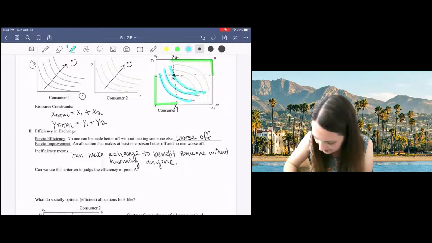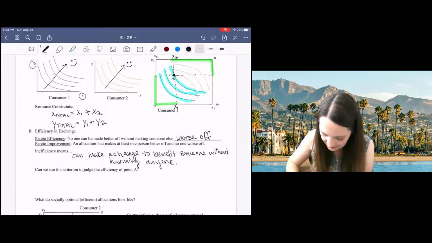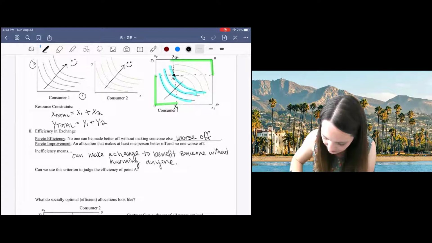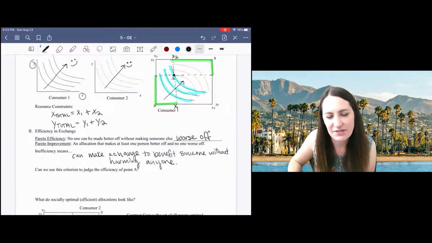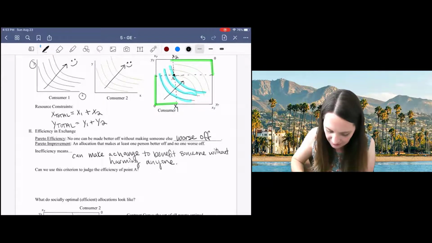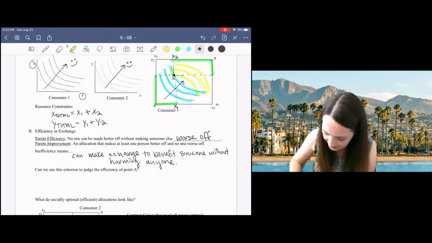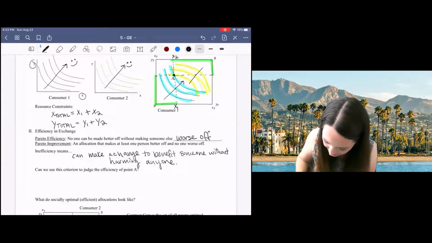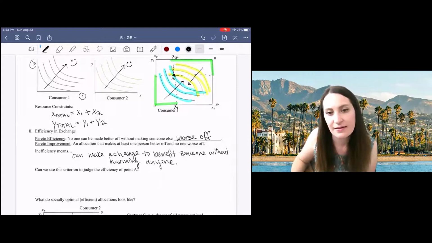And of course, happiness is increasing as consumer 1 increases consumption. For consumer 2, the indifference curves look like this. And again, increases in consumption increase happiness.